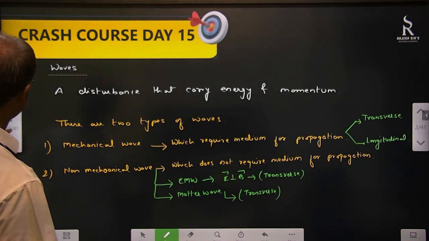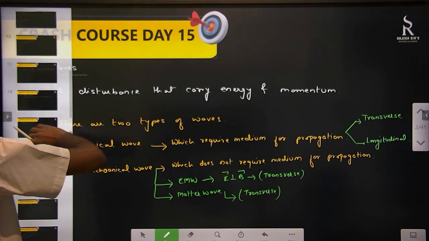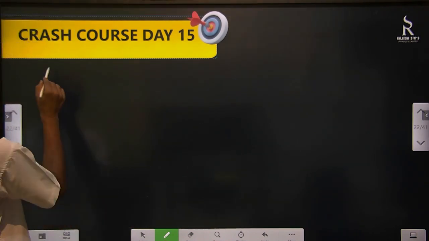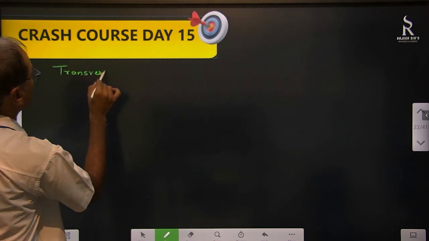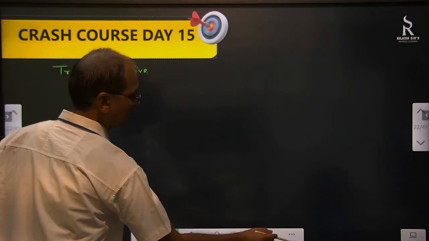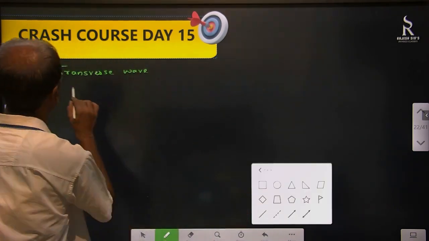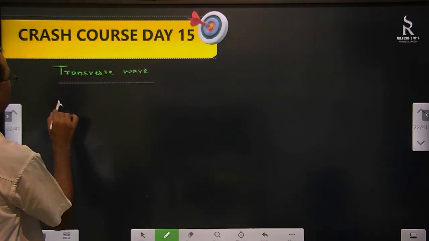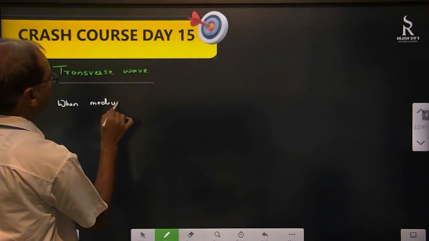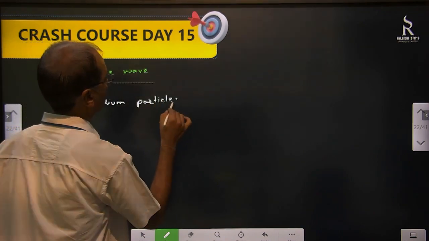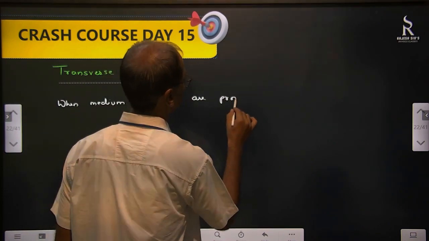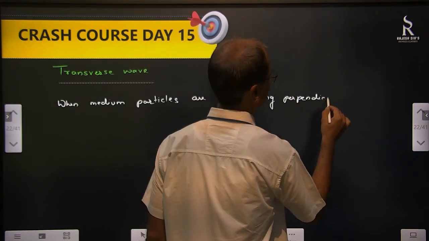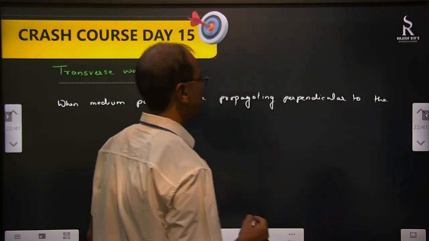A transverse wave means that medium particles are oscillating perpendicular to the propagation of the wave.